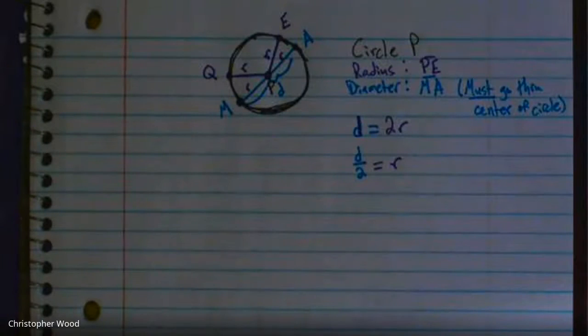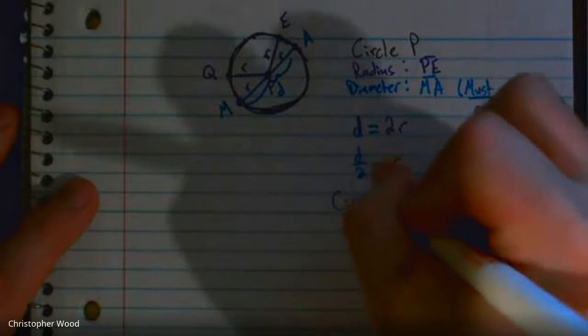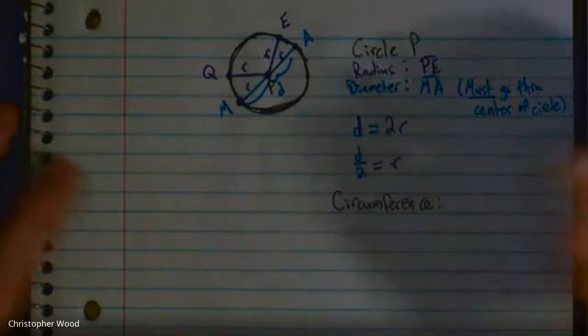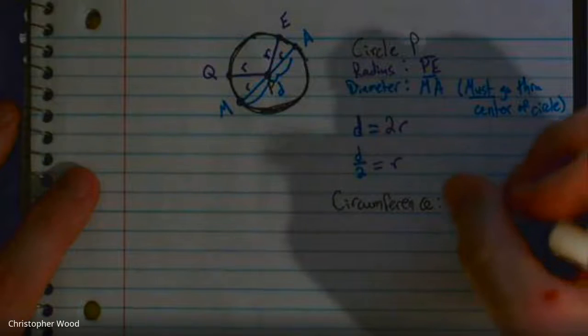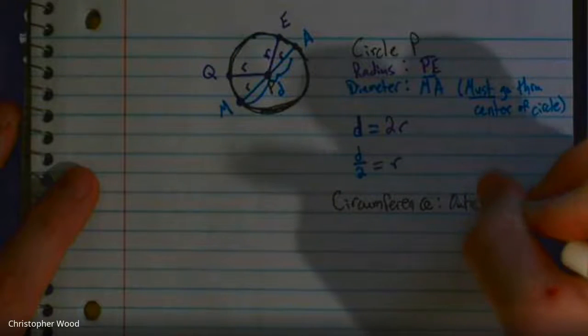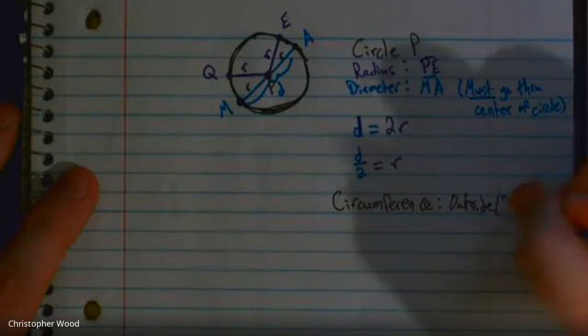Okay, so the circumference is the outside of the shape, the whole outside of the circle. Outside, distance, or around the circle.